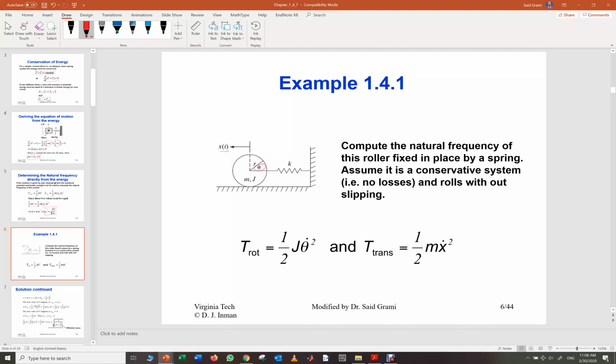R is the radius of the disk, m is the mass of the disk, and J is the moment of inertia of the disk. Here we have a translation and rotation, so the kinetic energy of rotation is half J theta dot squared, and T translation is half m x dot squared. So we have in the system two kinetic energies: one is the rotation of the disk, and one is the displacement of the disk.